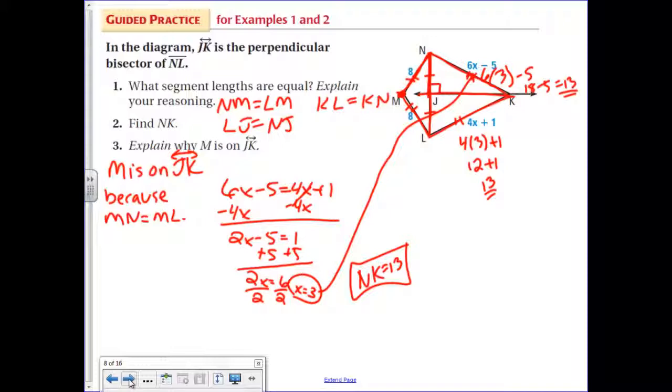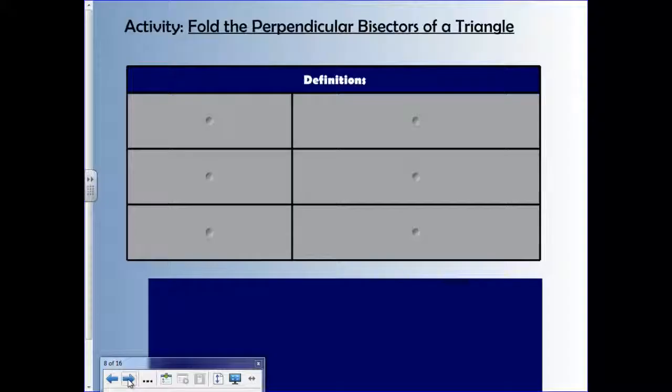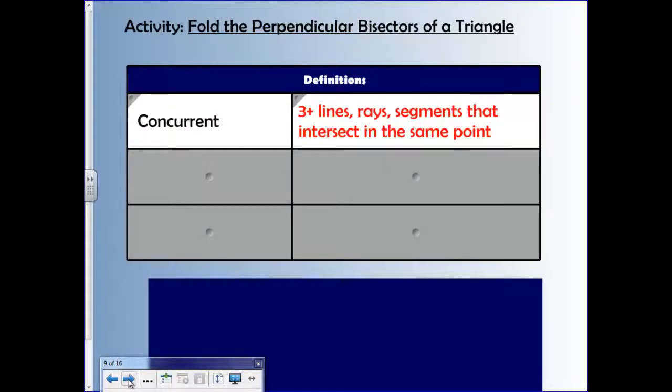We're getting there. Let's fill in those last definitions. Concurrent means 3 or more lines, rays, or segments that intersect in the same point. Concurrent basically means they intersect.